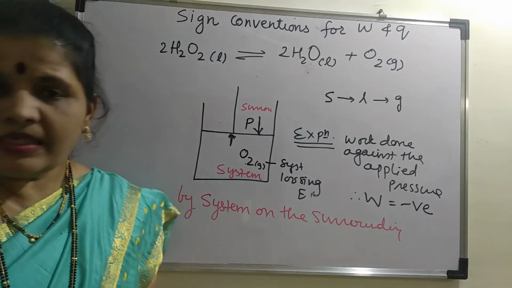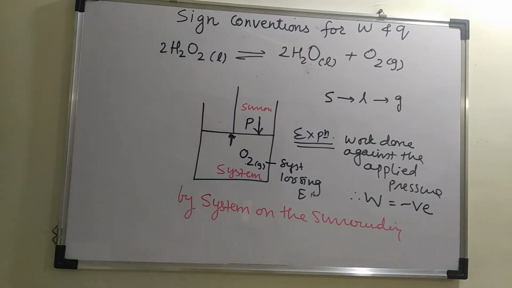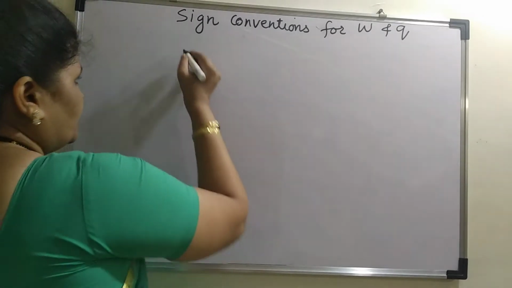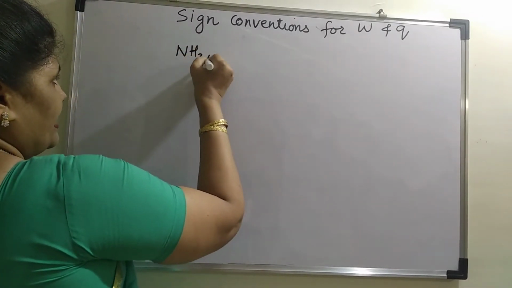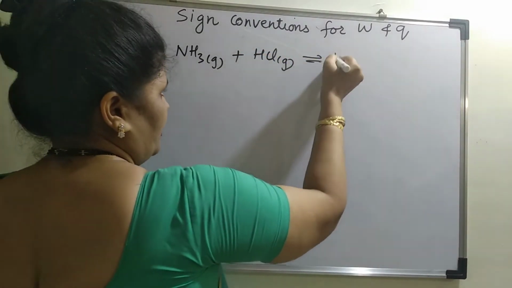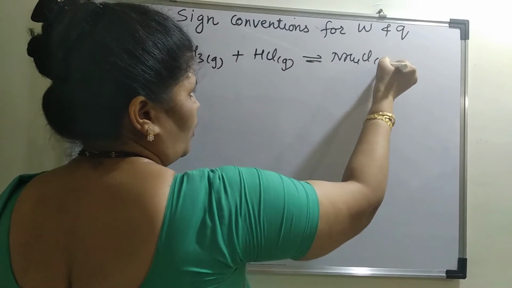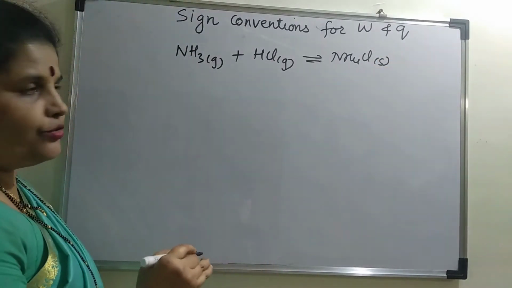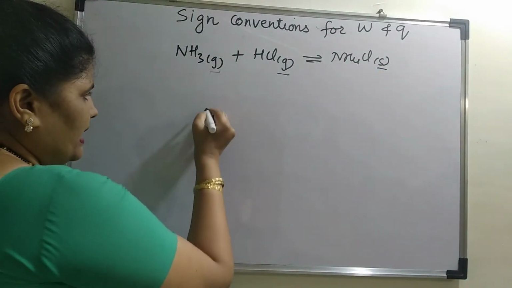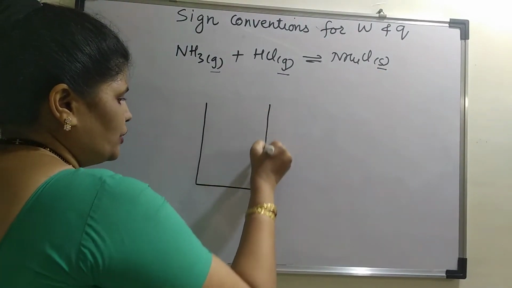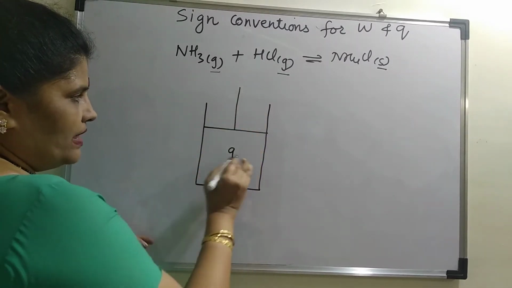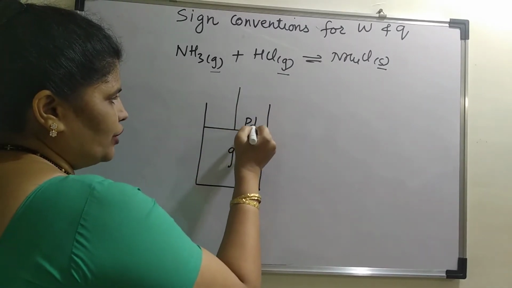Now, let us take the second example. The example is NH3 gas plus HCl gas becoming ammonium chloride solid. Now, what is happening here, students? The physical state is changing from gas to solid. Means the initial piston position was like this, because the physical state is gas, and the applied pressure is this.